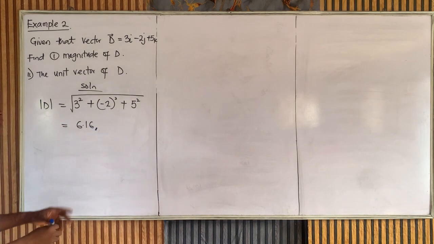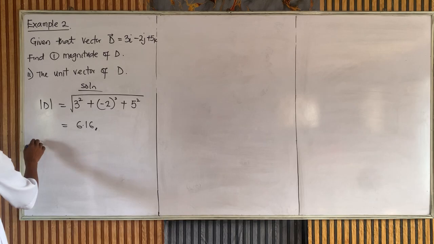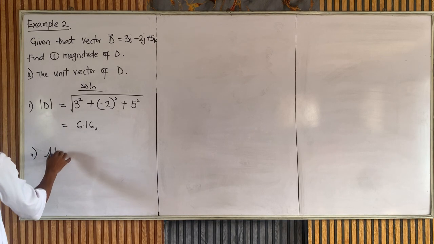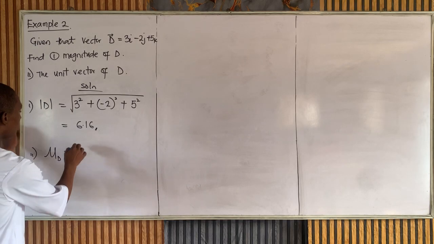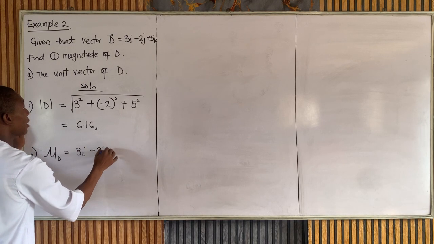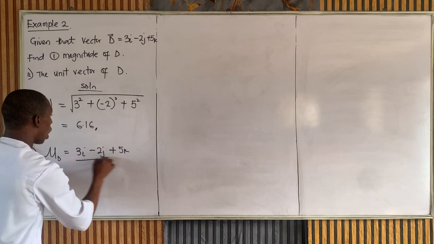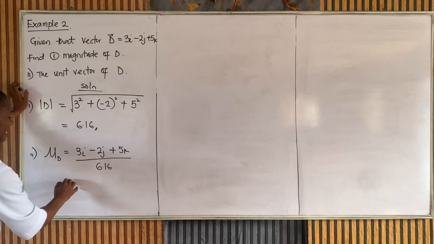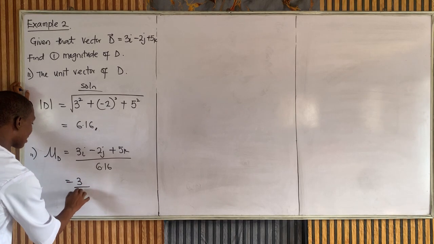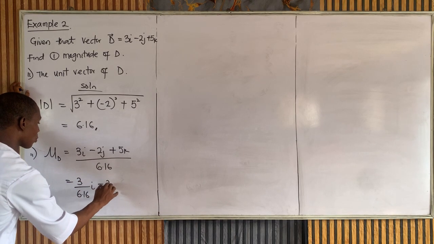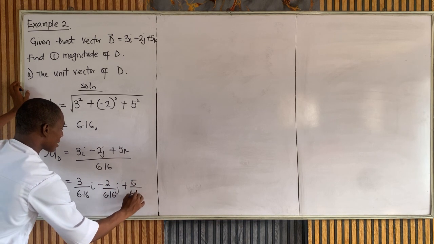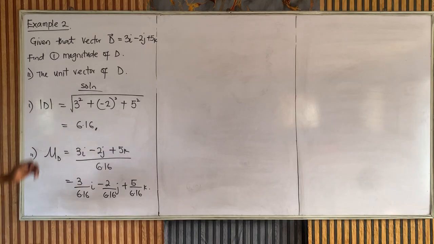That is the magnitude of D. Now, to get the unit vector of D, that's the second one. The unit vector of D is given as the vector by its magnitude. That will be 3i minus 2j plus 5k all over 6.16. You can further express this as 3 over 6.16 i minus 2 over 6.16 j plus 5 over 6.16 k. So that's how to get the unit vector in 3 dimensions.